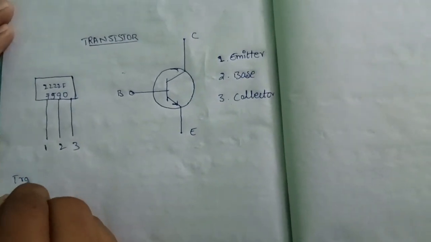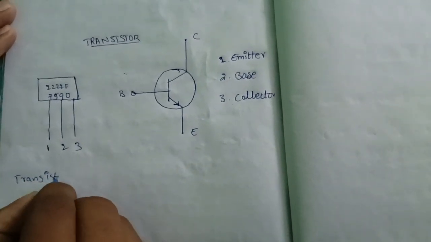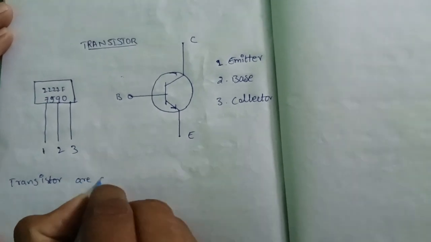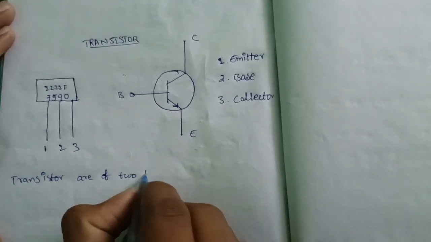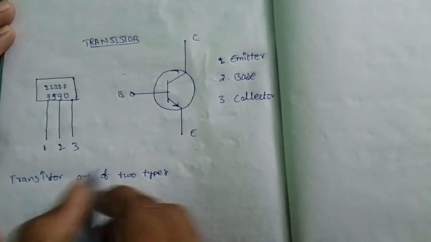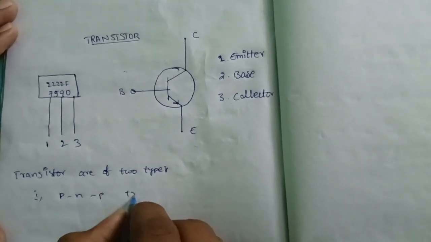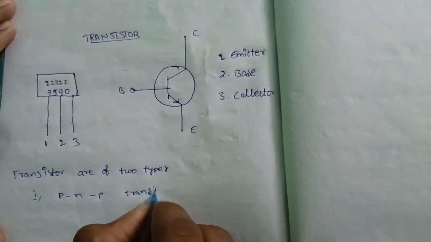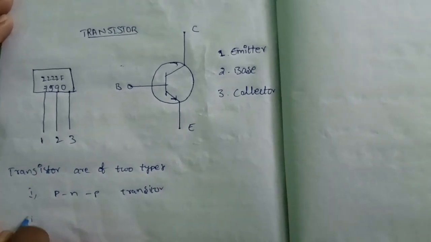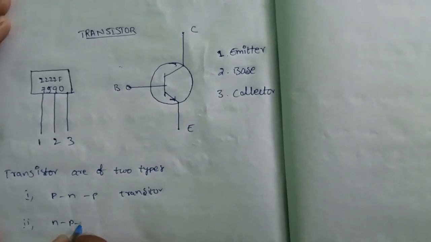Transistors are of two types. One is the PNP transistor, another one is the NPN transistor.